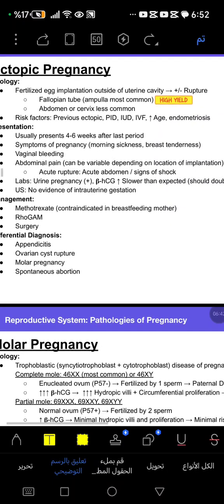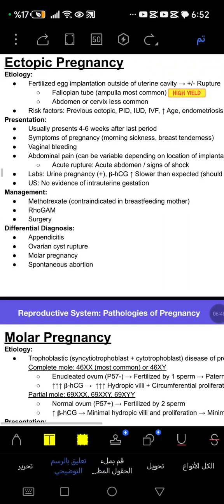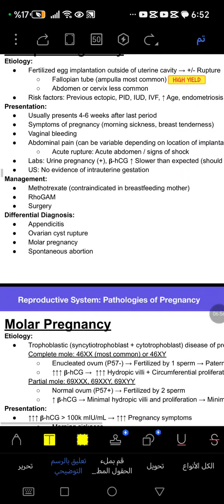As it is a folate antagonist, that prevents the embryo from growing more and more, and that prevents it from rupturing.